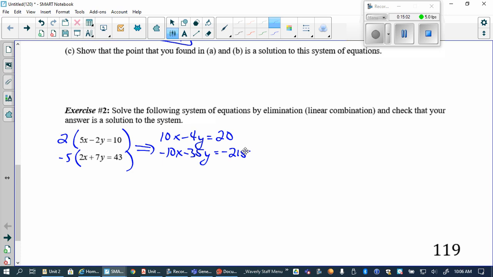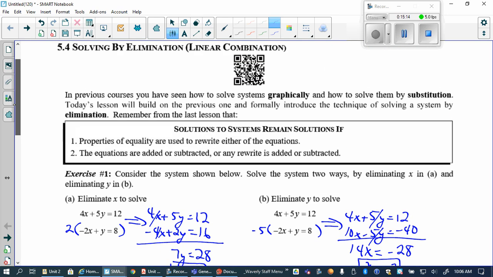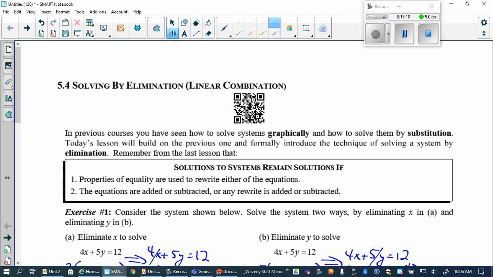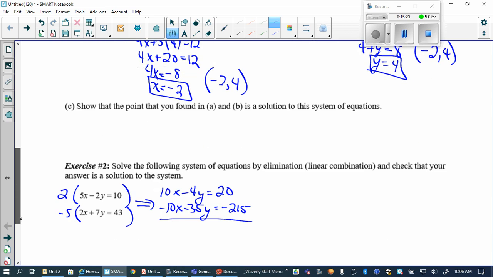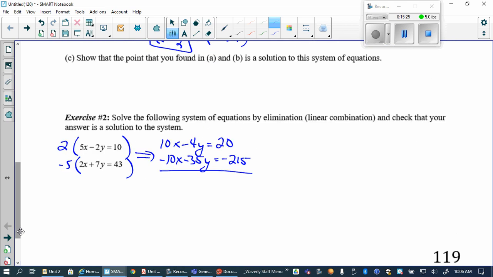Okay, then what did you do next? That's the whole point of combination. Add them together now. It's called linear combination, because you combine them and one of the things goes away. Now that you're on board with that part, look here.